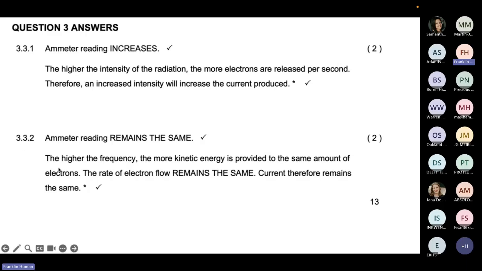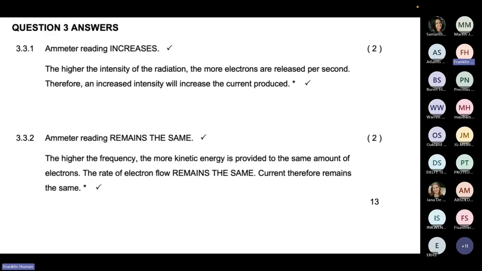So I'm going to go through it again. The higher the frequency, the more kinetic energy is provided to the same amount of electrons. Now, just that first sentence in your answer is so relevant, and I want you to write this down. Actually, I want everyone listening to me to write this down.